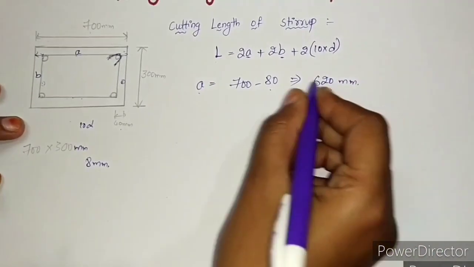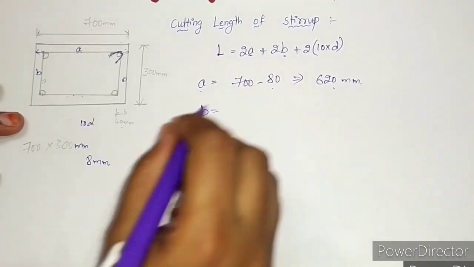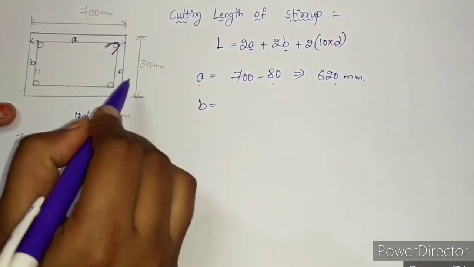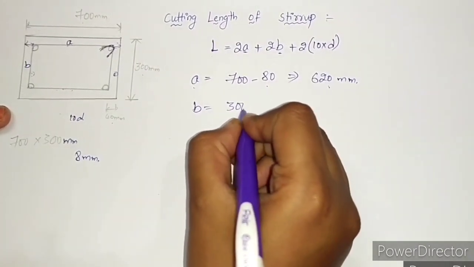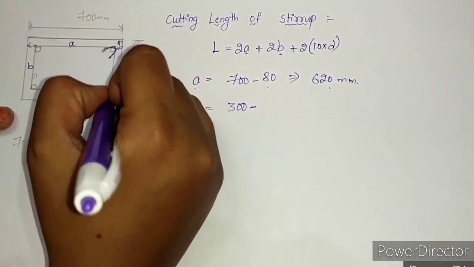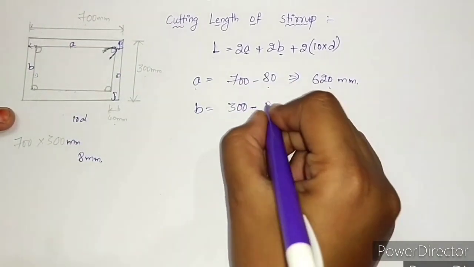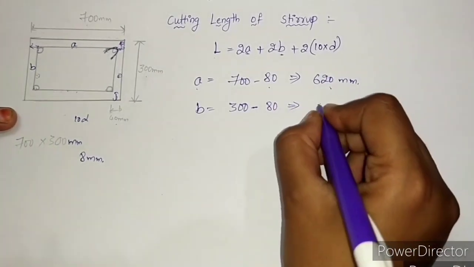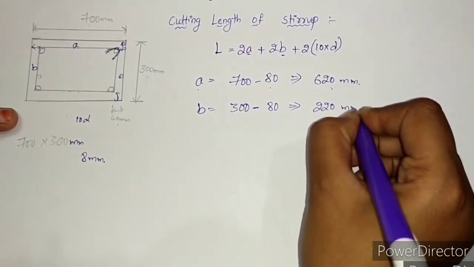This is the small a value. Now we are calculating the small b value. The width of the column is 300 mm, so 300 minus clear cover, this is 40 mm and this is 40 mm, 40 plus 40, 80. So 300 minus 80, we get 220 mm.